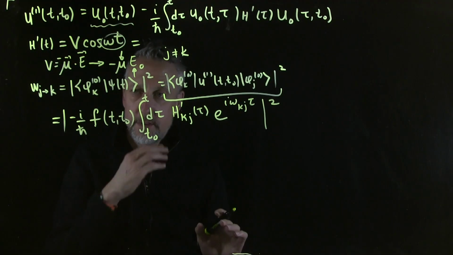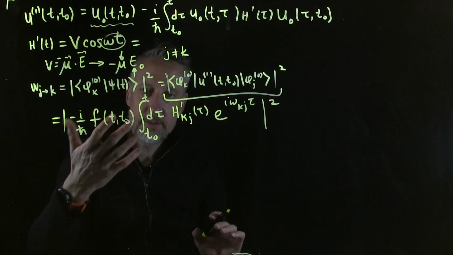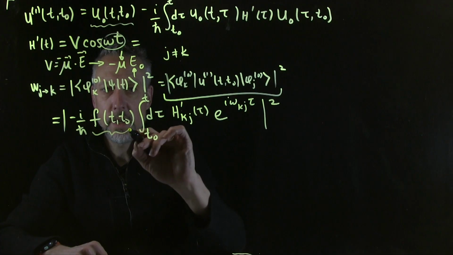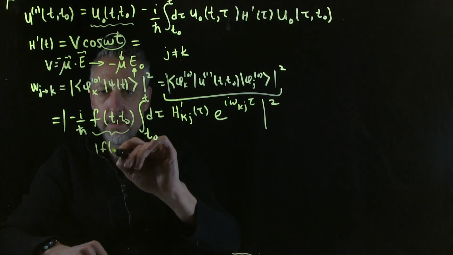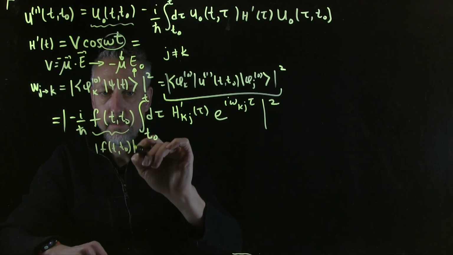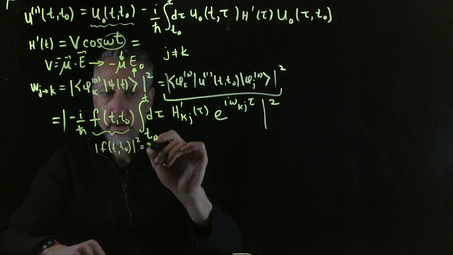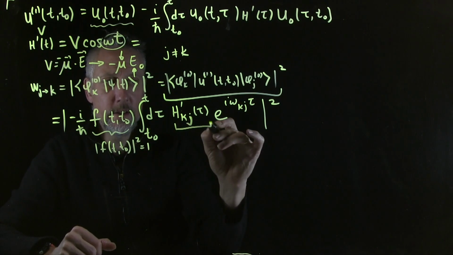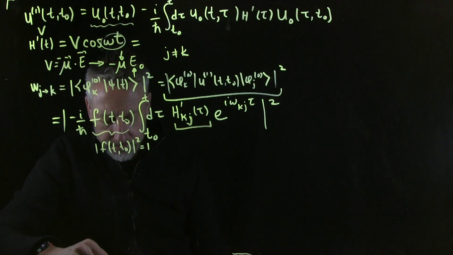Okay, and the thing to remember is that this f, when you modulus square it, is equal to 1. So we're going to take a look at this h prime_kj.